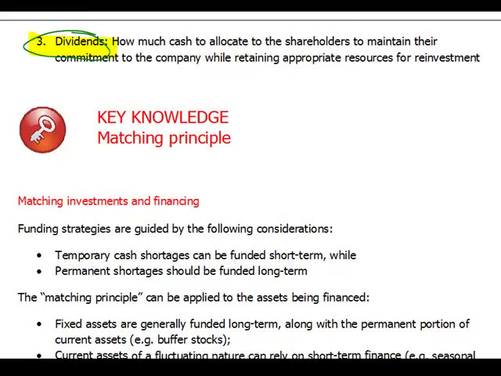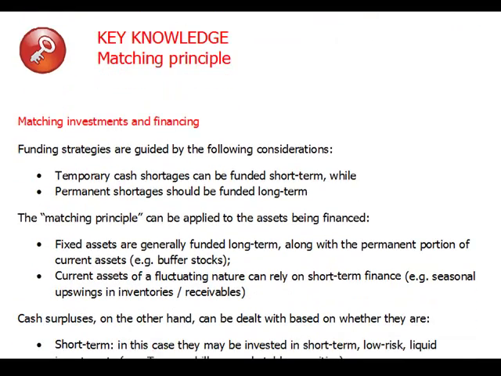And the last thing to deal with in this video is the concept of matching, or something that's also sometimes referred to as the golden principle, which basically means that our short-term assets should be financed from short-term liabilities, while our long-term assets should be financed from long-term liabilities.